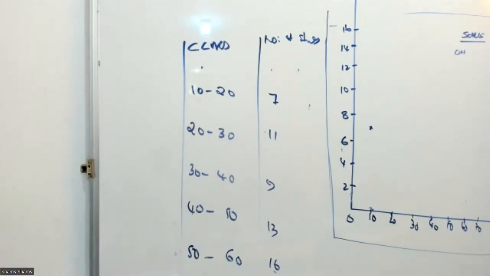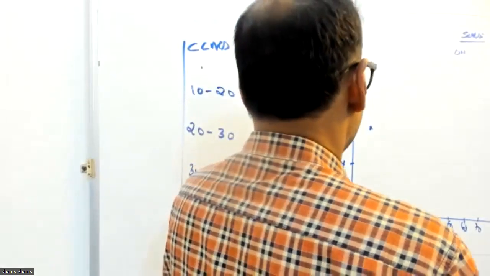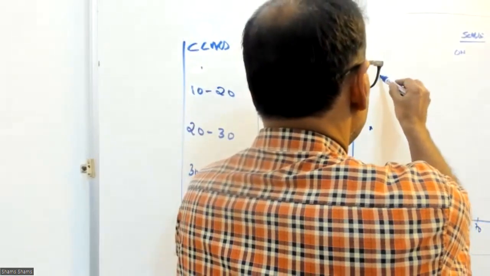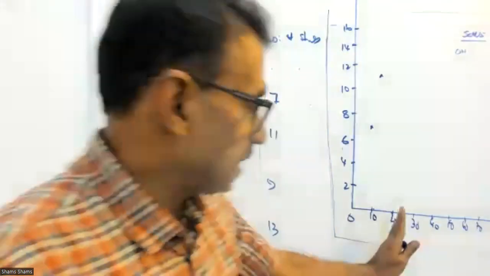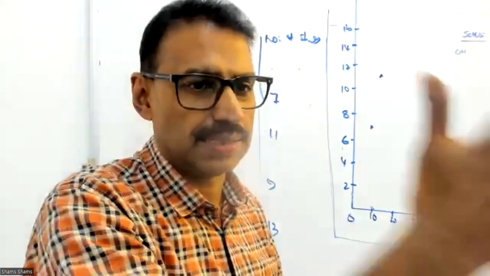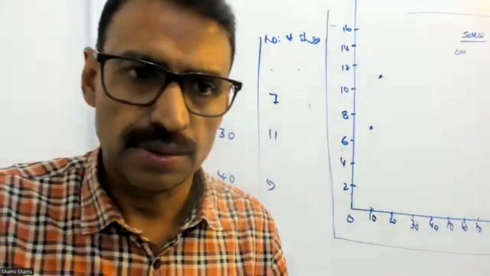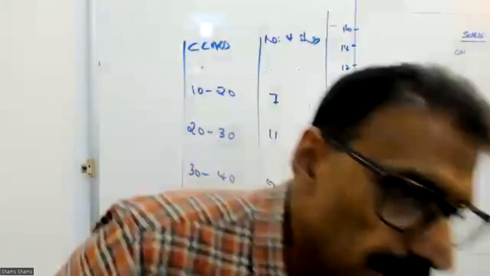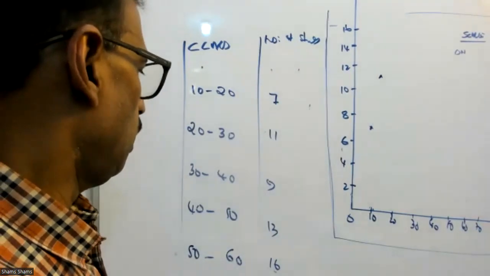Okay, then next is what? 11. 11 is against 20. Against 20 is 11 here, right? Mark it. Understood now? If you have doubt, you can keep a scale and check whether it is exact or not. But don't make any line. Don't make a line. You made a line? Okay, next is what? Against 30 is 39.